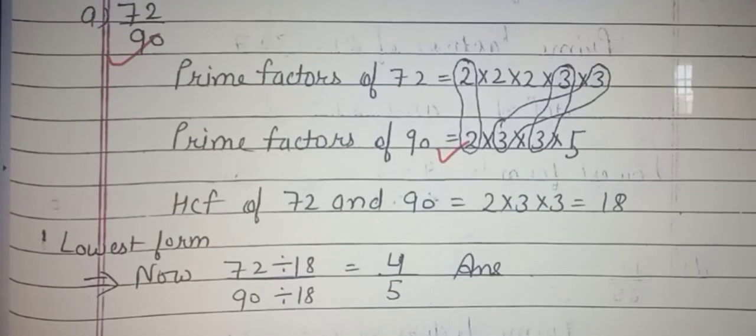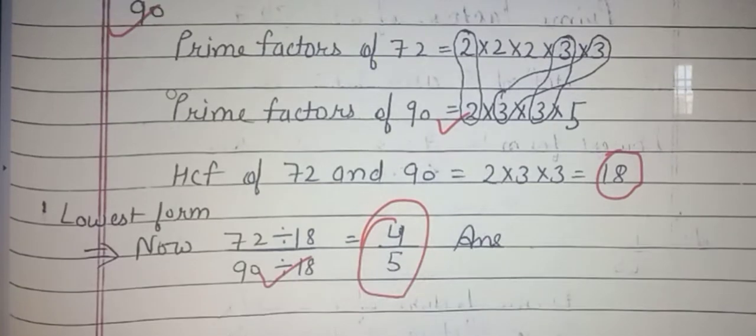So when we find the HCF of 72 and 90, it comes out to be 18. Then to reduce a fraction into lowest form, you divide the numerator and denominator by the HCF. Means 72 and 90 will be divided by 18. So it gives us 4 upon 5. So this is the lowest form of 72 upon 90.